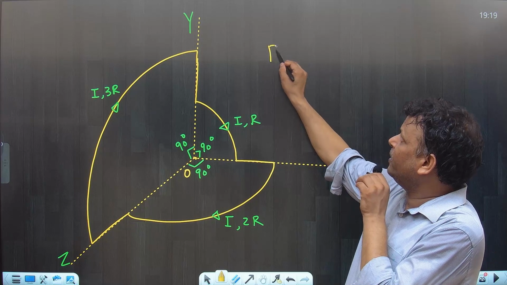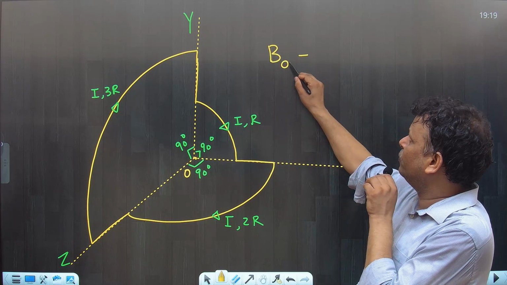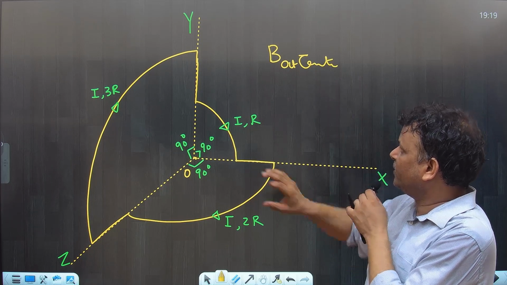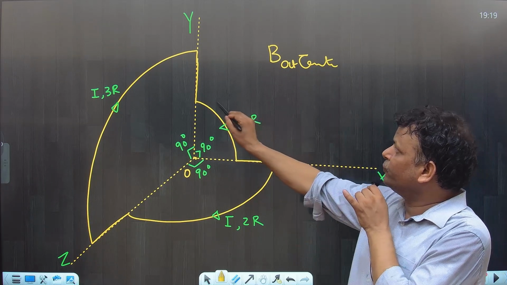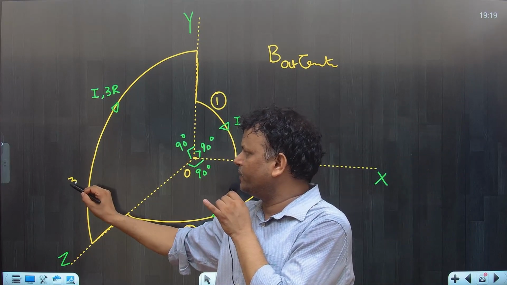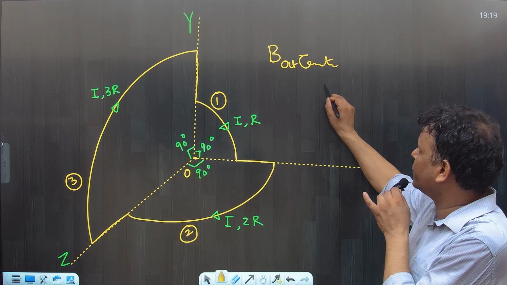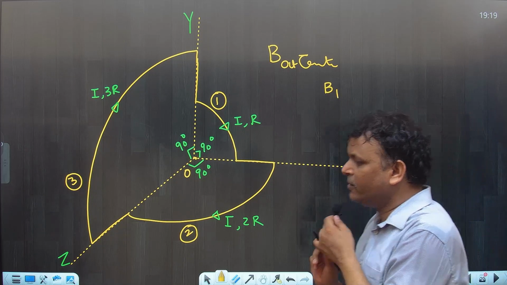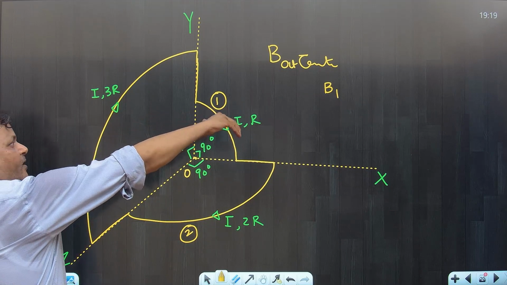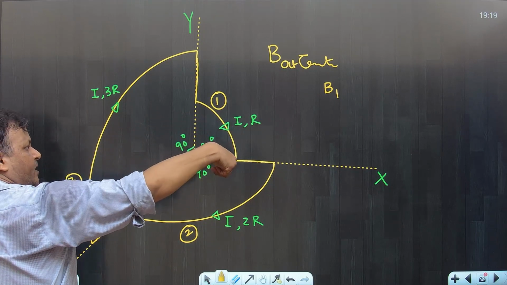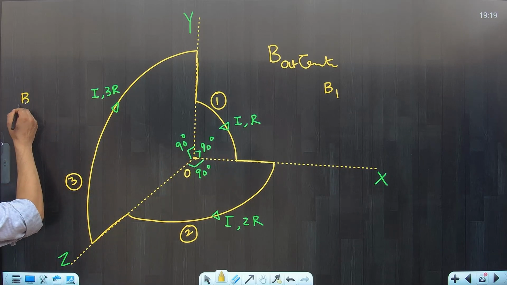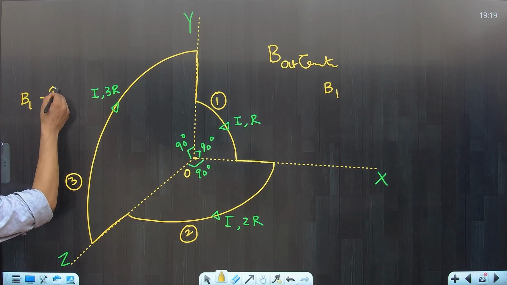So magnetic field at center will be equal to, for this part, see, first you say number 1, number 2 and number 3. What is the direction of magnetic field for B1? You curl your right hand fingers, your thumb goes inside. Inside means minus k cap. So B1 is along minus k cap.